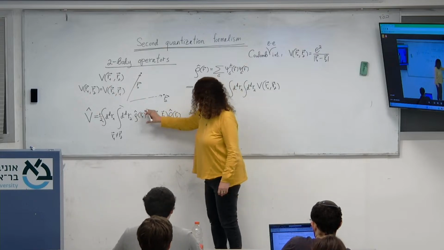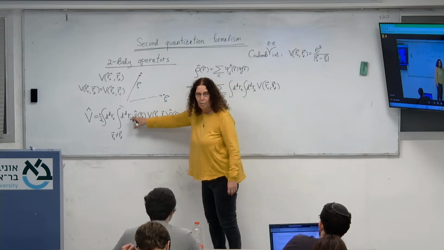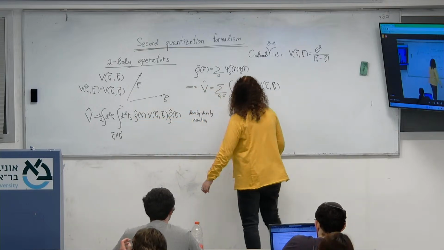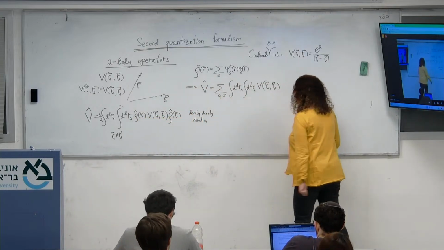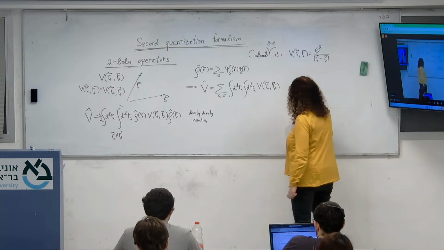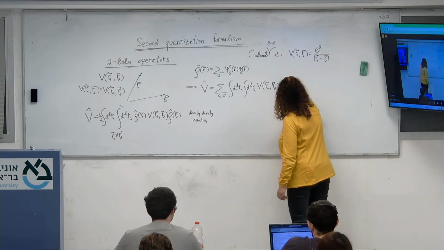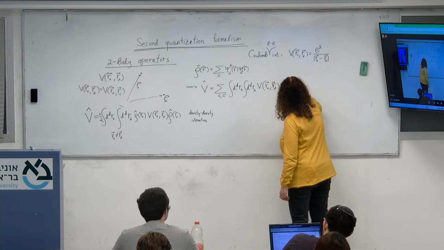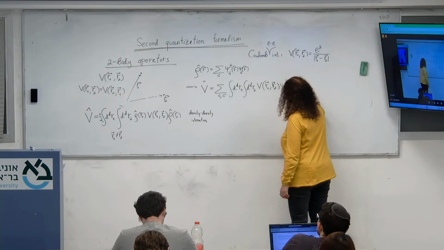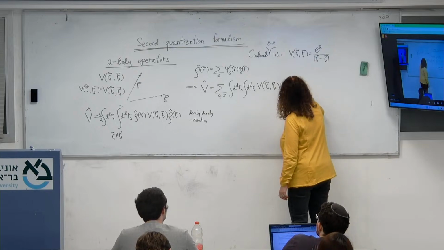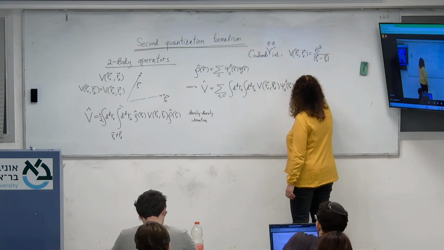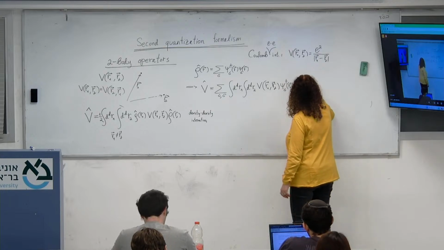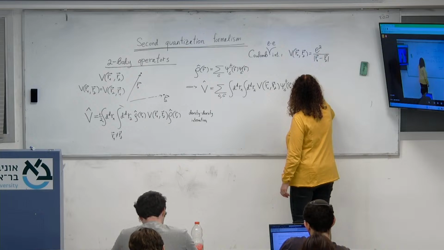I'm allowed to commute it and put it here. That's what I have to do. And then I'm plugging in my densities, but notice that I want to write it in a bit of a funny form. Let me be very careful. So this is R1. And now R2.